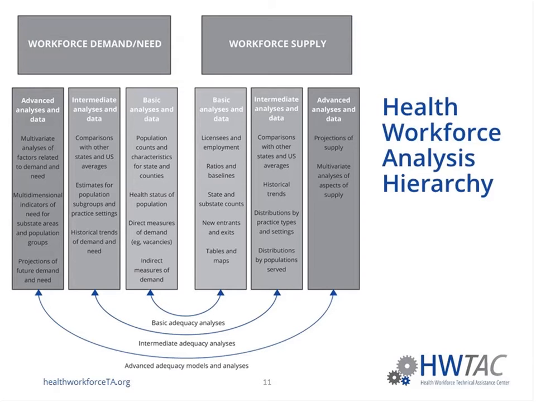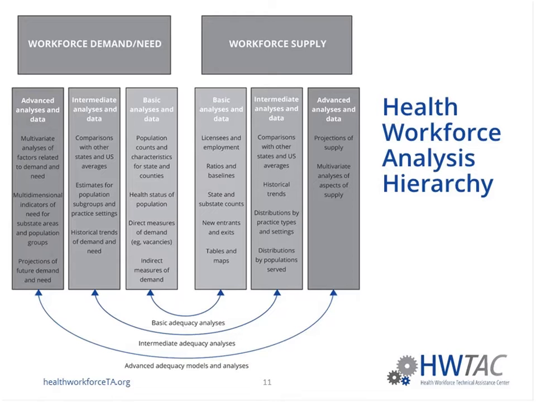And this is how all of these characteristics are related to each other. This chart shows the interrelationship between the theme, that is, is it a workforce demand or need study? Is it a supply side study? Or are you looking at the adequacy between the demand and the supply? And of course, within these major categories, you see the different levels of sophistication.